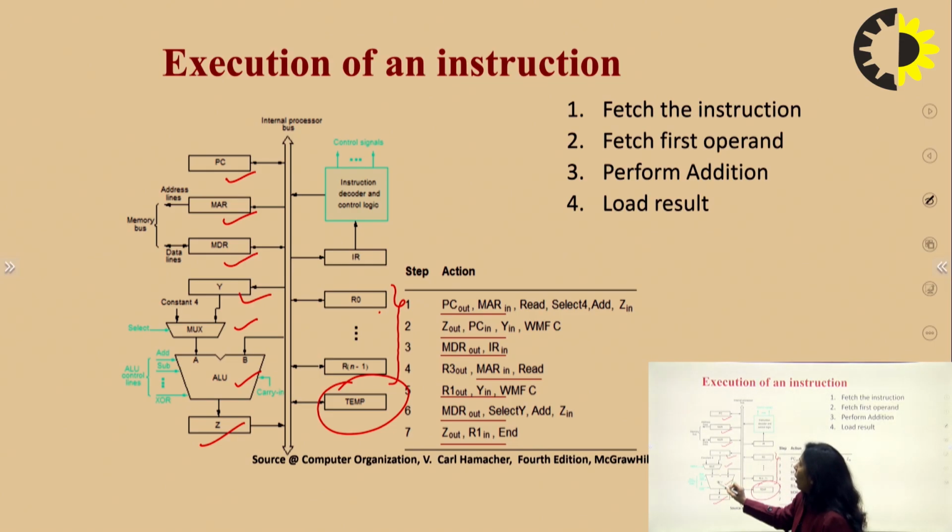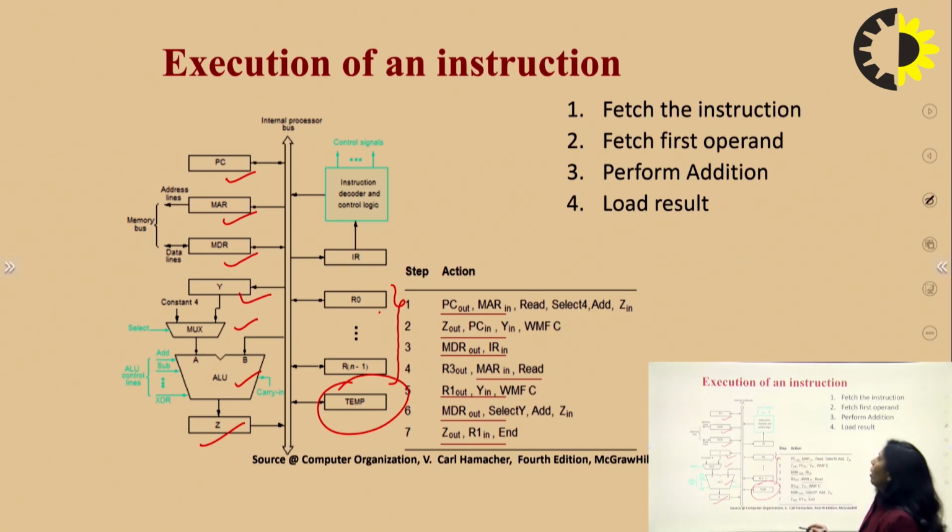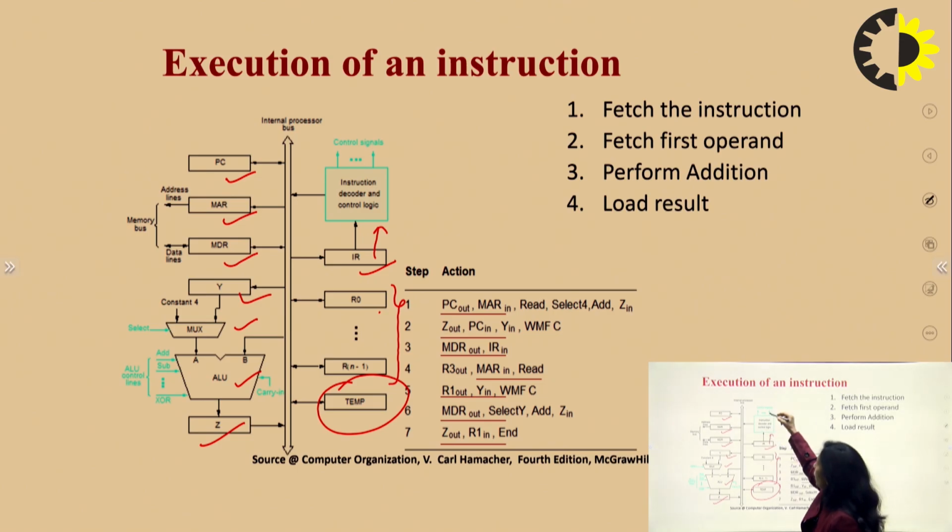These are all the registers that hold temporary values that need to be given to the bus. This is the single bus organization. Here is the instruction register, and it will send the instruction to the decoder or the control logic.